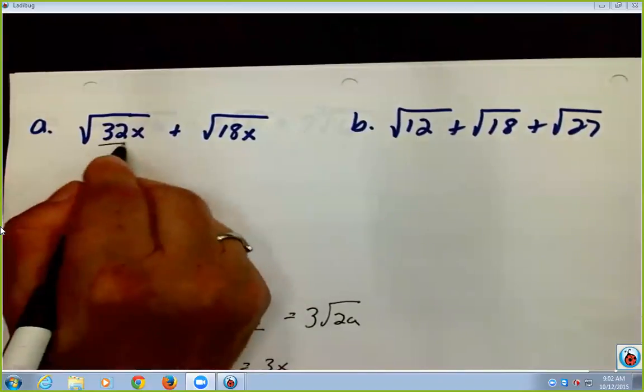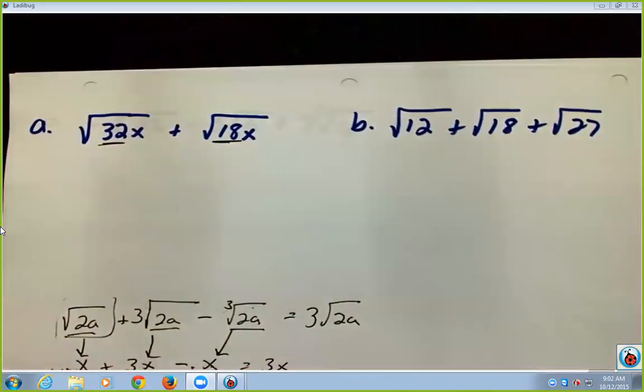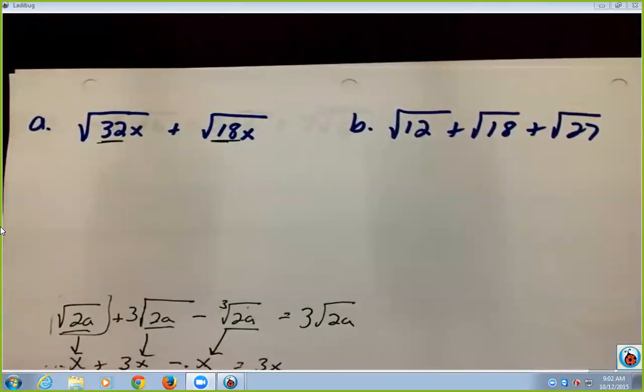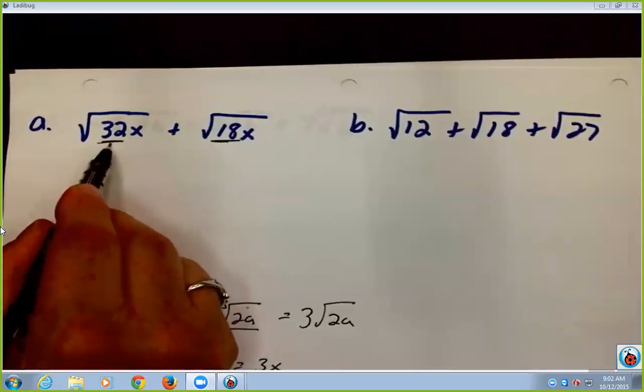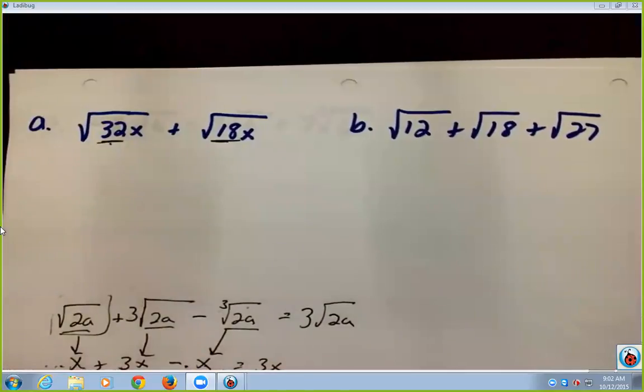But if we look inside of here, there's some work that we can do in these that we did back in 9.2 because we were building on breaking this stuff apart. In 9.2, we took 32 and we either saw the common perfect square that came out, or we broke it apart.